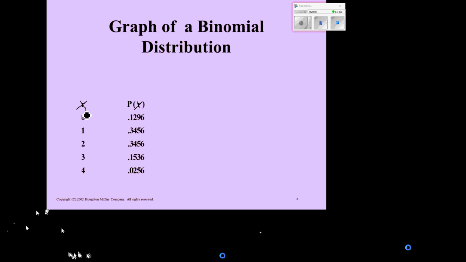So from that, does anybody find what the mean was? Do we remember, or do I need to do that on the calculator? You tell me.